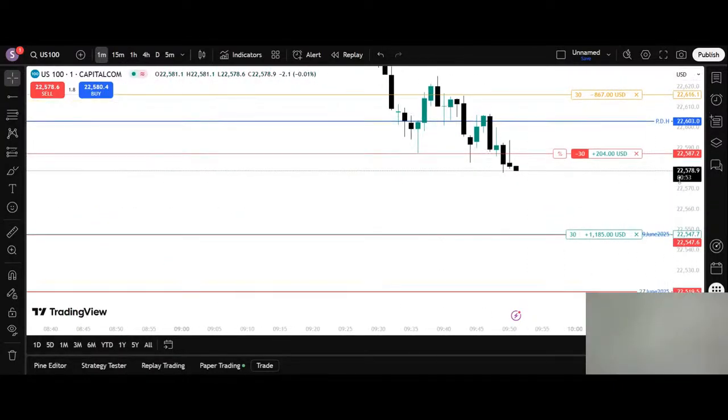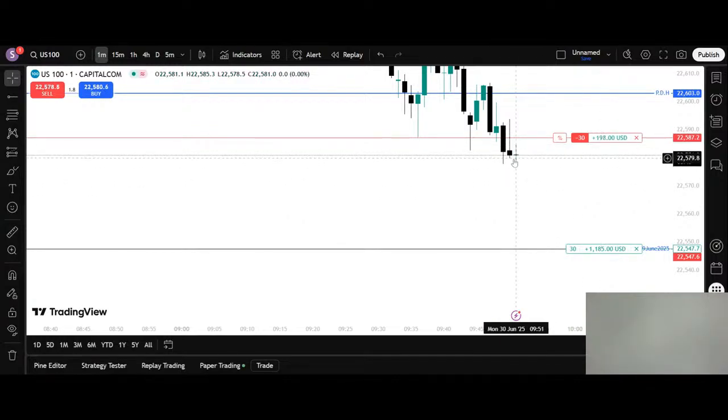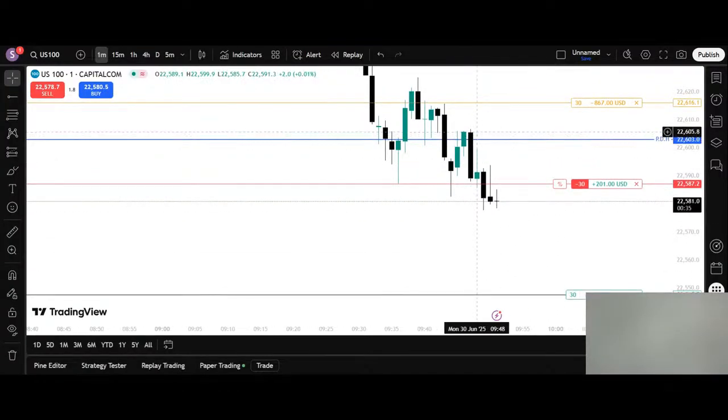Go to the 1 minute. If it breaks through here, like goes till 560 with a bearish FVG, I'm gonna then trail my SL.